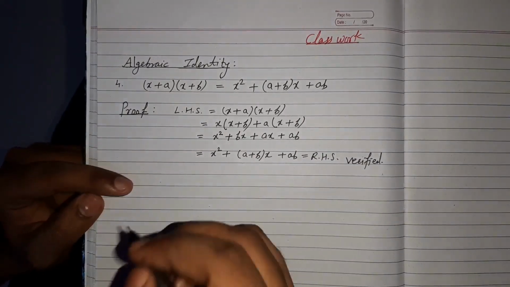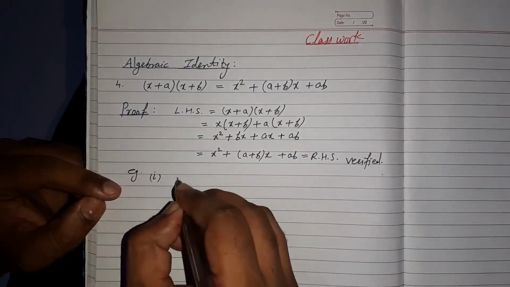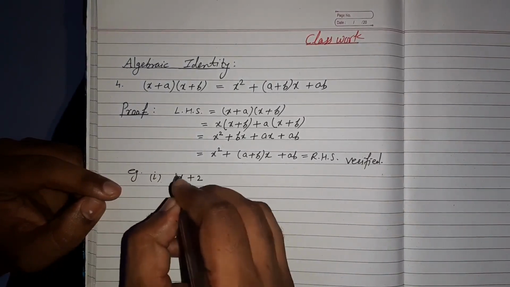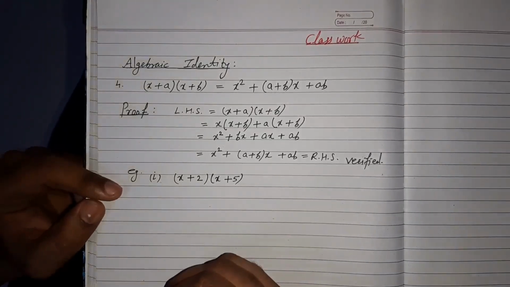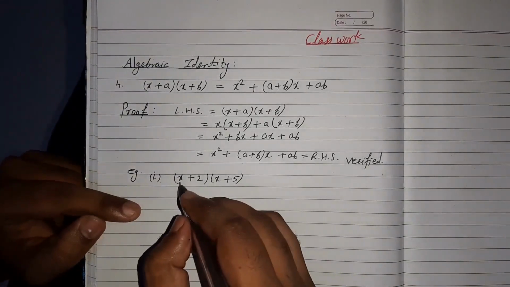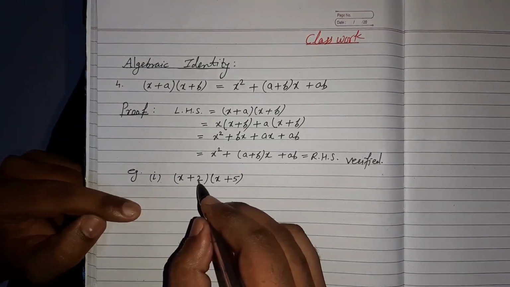Now we will take some examples. Example number 1: (x + 2)(x + 5). The first term of both brackets is the same, x and x, and the second terms are different.